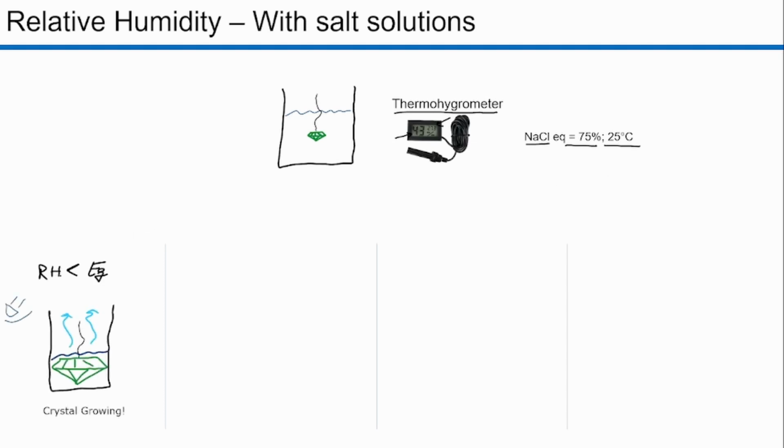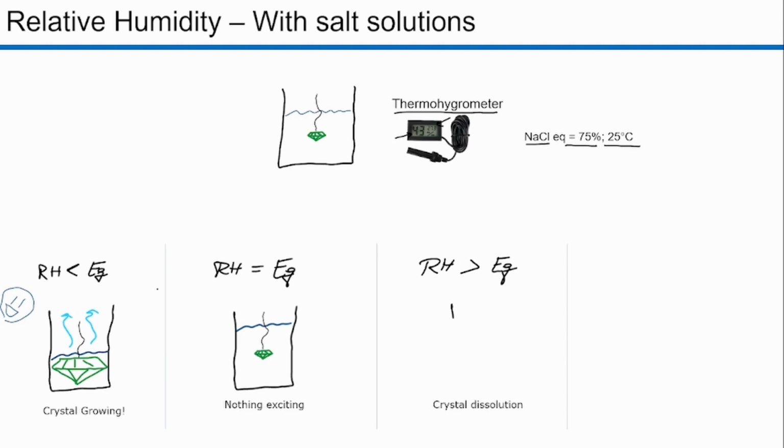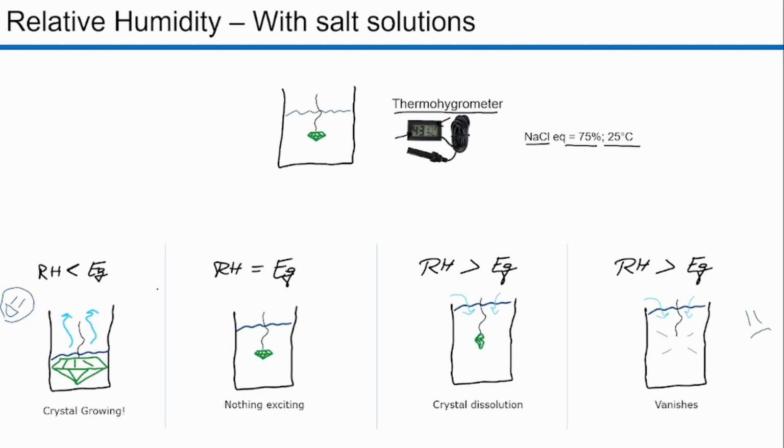So when the relative humidity is lower than 75%, my solution is losing water to the environment, and so my crystal is growing. If my relative humidity stays the same, then nothing exciting is happening. And here comes the danger. If my relative humidity gets higher than 75%, my solution will absorb water from the environment, and then the process of crystal dissolution will begin. If it stays in this state for too long, my crystal eventually will vanish.